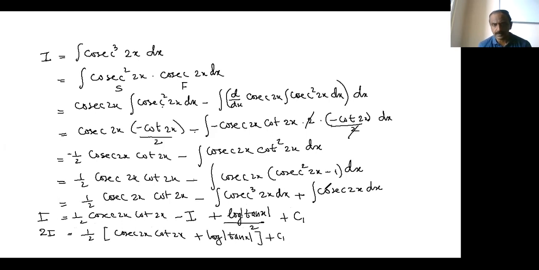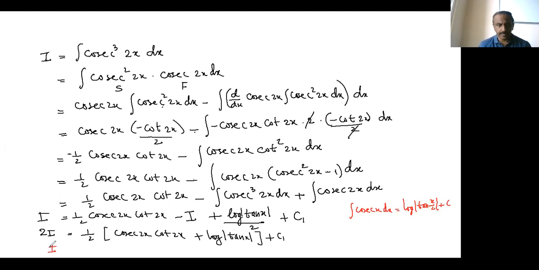I did not explain this integral of cosec 2x. Remember, what is integral of cosec? Integral of cosec x dx is log of tan x by 2. This is a formula for integral of cosec x. So naturally, integral of cosec 2x will be log of tan x by 2, and you have to divide by the coefficient of x.